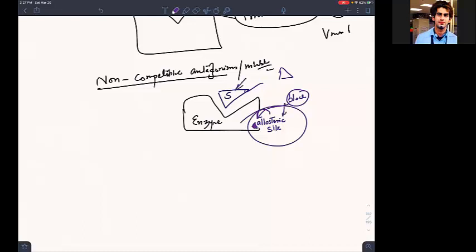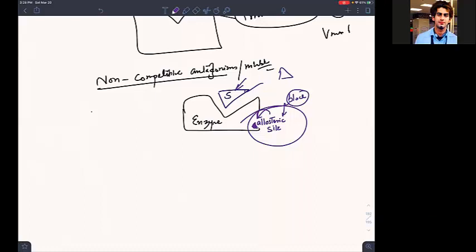You are not doing anything to me. It won't help you because my site is different. So in the allosteric mode of inhibition, if you increase the substrate, you can't overcome this antagonism.